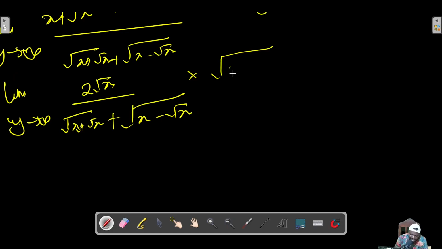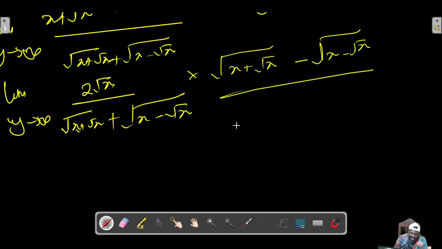So rationalizing, I'm multiplying both the numerator and denominator by the conjugate pair, divided by root of x plus root x, that is, minus root of x minus root x. Now, what do we obtain? You realize that our denominator will cancel out.